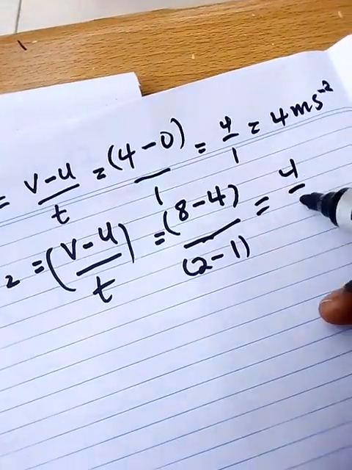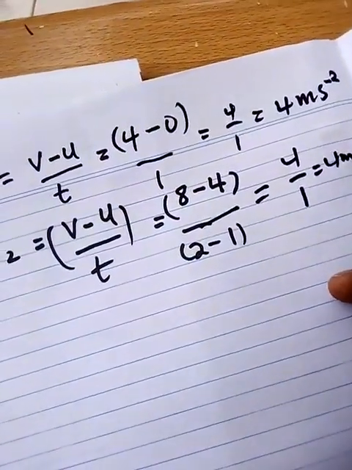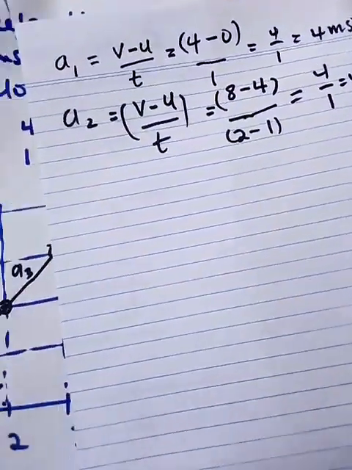This is the same as 4 divided by 1, which is 4 meters per second squared. Do you see? These two are the same.